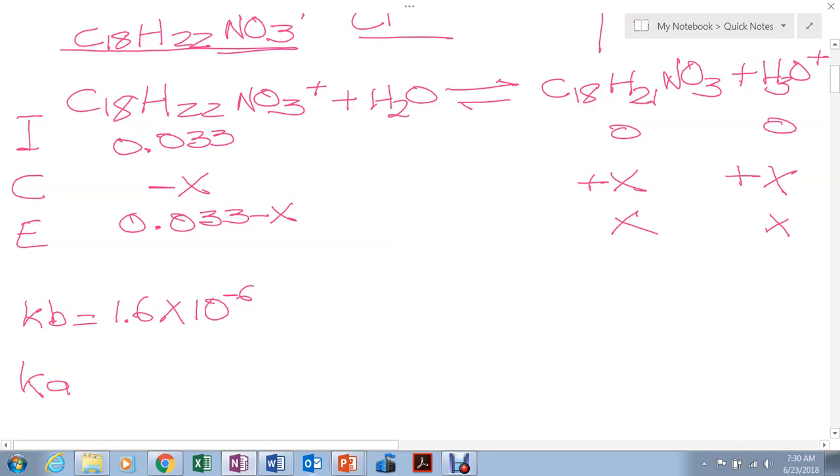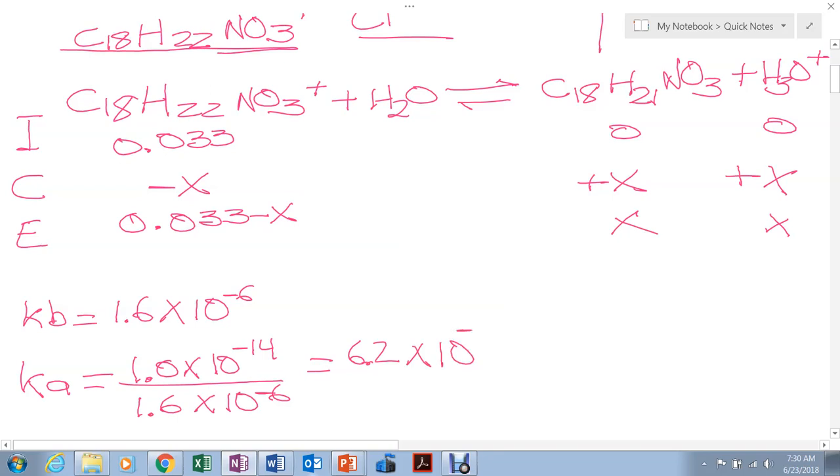But we know that the Ka is Kw, 1.0 times 10 to the minus 14, divided by Kb, 1.6 times 10 to the negative 6. So the Ka would be equal to 6.2 times 10 to the negative 9.